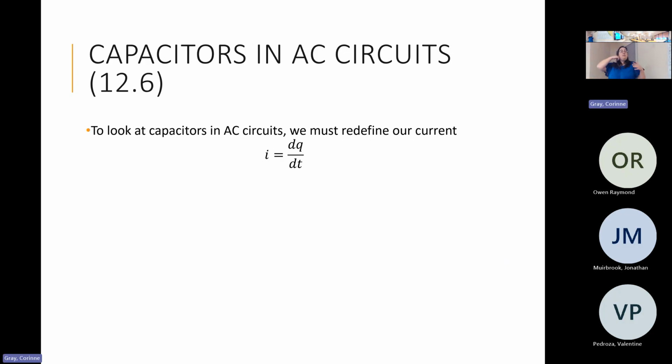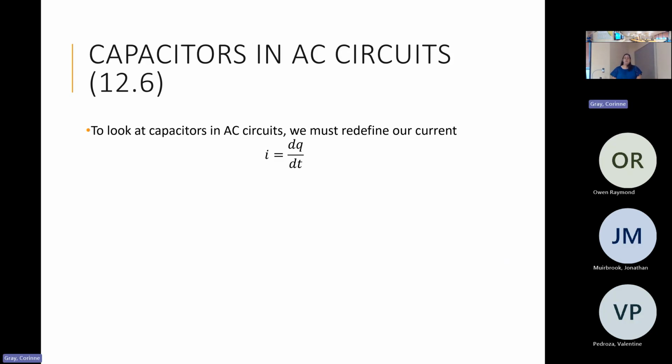Because, let's say we have a voltage source and it's flipping directions, that is going to cause the capacitor to discharge. And then when we flip it, it'll go back to charging. So it's going to constantly flip back and forth between charging and discharging. So this means that the relationship between the current and the charge on those parallel plate capacitors is going to be a lot more important.